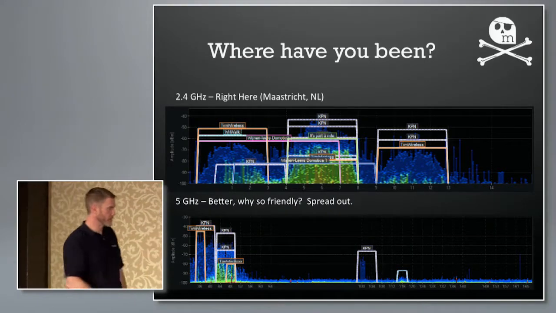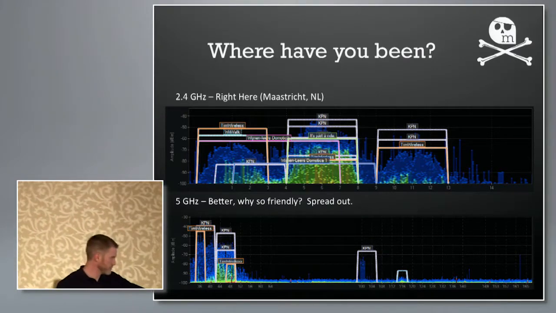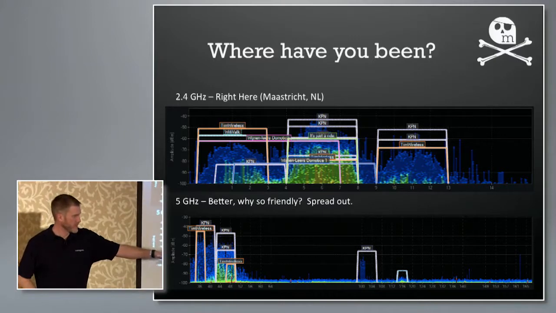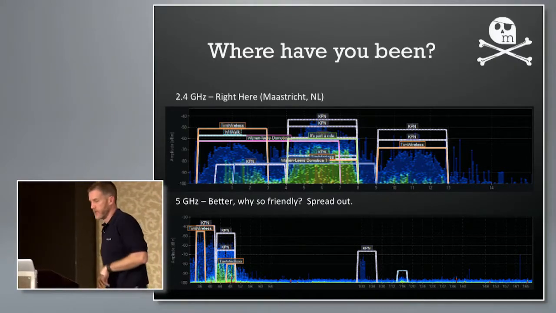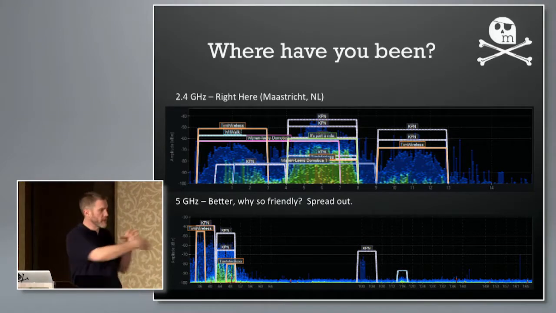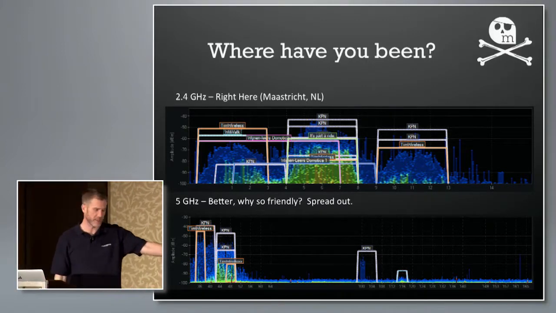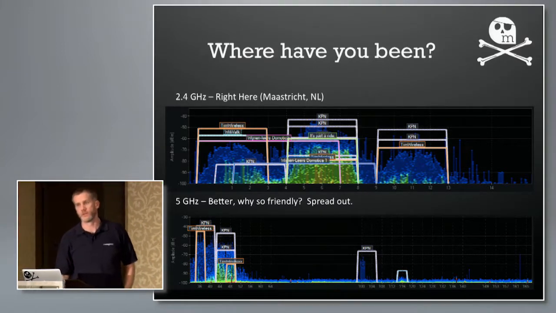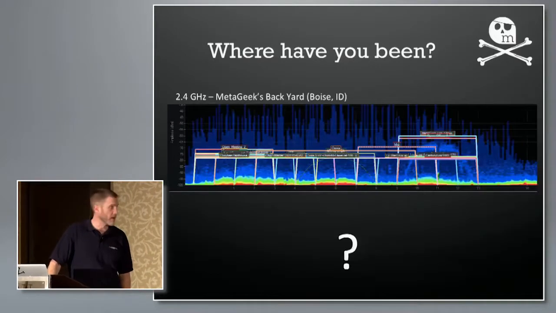We got a pretty good number of them, except there are 2 separate networks, 2 separate ESSIDs, and they decided to overlap each other down there at the low end of the 5 gigahertz. There's a whole spectrum. All of the stuff that's up top, they could have utilized. Heck, they could have just gone to 56, 60, or 64. They decided to be right on top of each other. Bad channel planning.